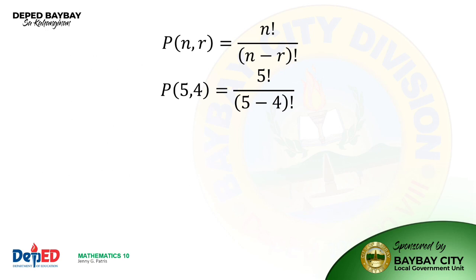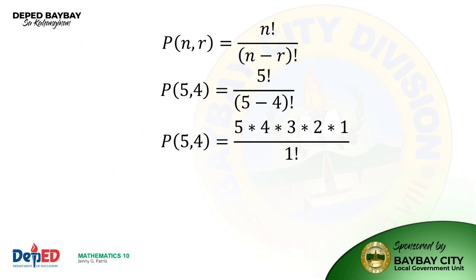By substitution, we can have the permutations of 5 taken 4 at a time, which is equal to 5 factorial divided by the quantity of 5 minus 4 factorial.